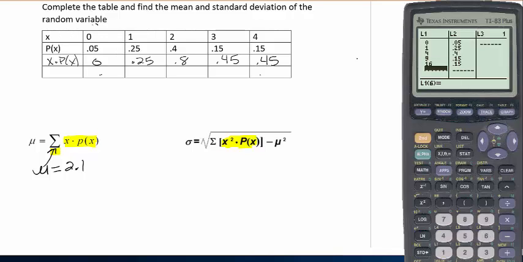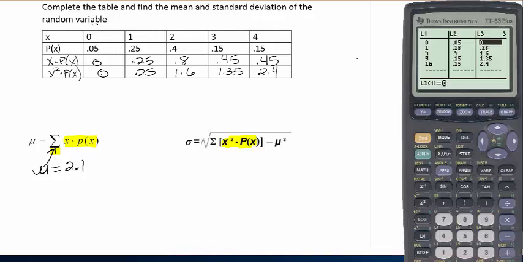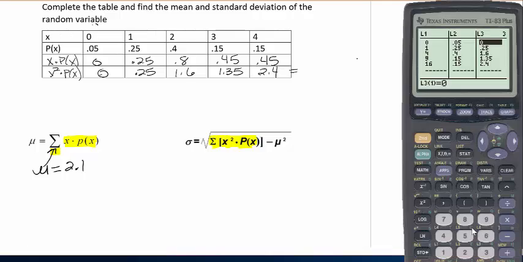Now the formula says multiply your x squareds by your probabilities. So I go to L3 and I want L1 times L2. So now I'm going to write that into my table. I have my x squareds times my probabilities. The next step, according to the formula, is add them up. So I want the sum of L3.